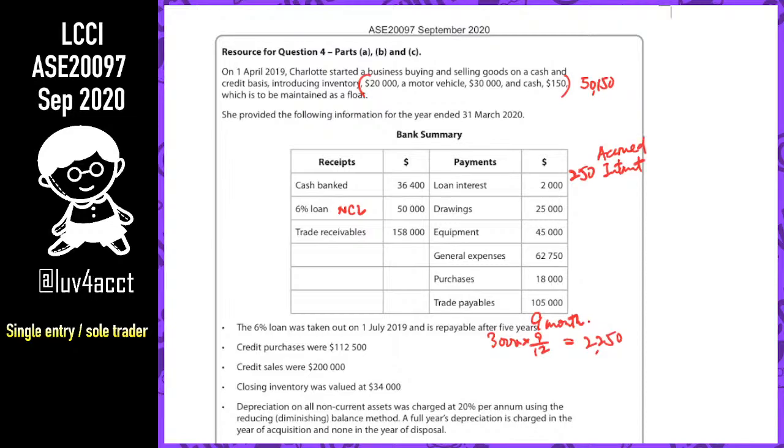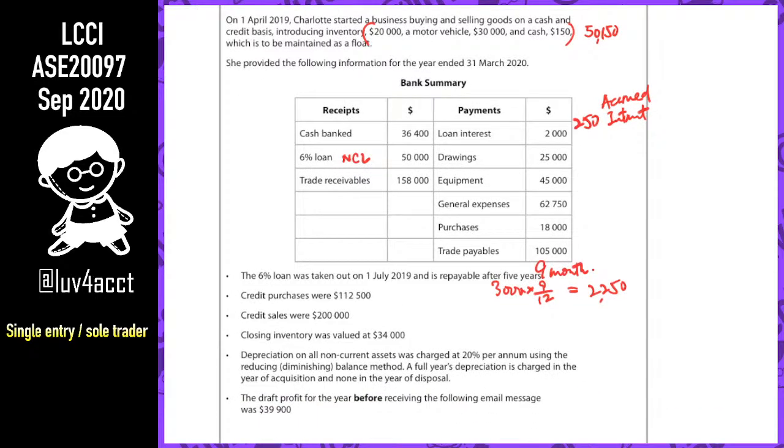Credit purchases and credit sales are given to us directly, closing inventory 34,000. Depreciation on all non-current assets was charged at 20% per annum using the reducing balance method.